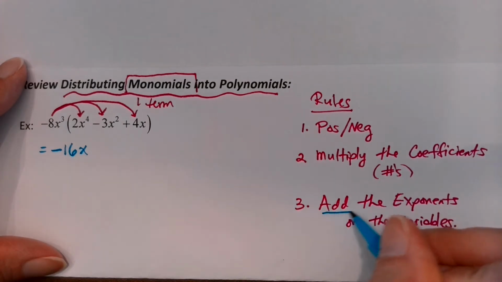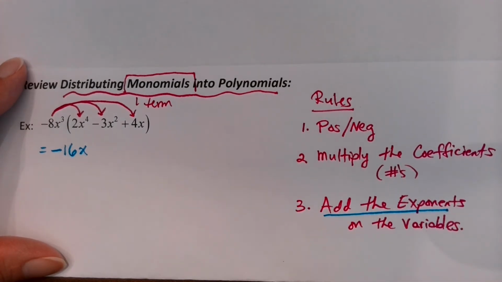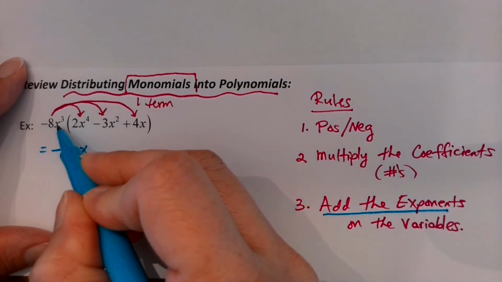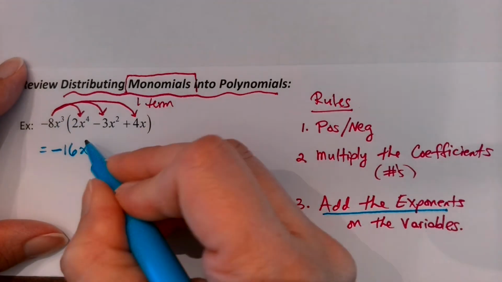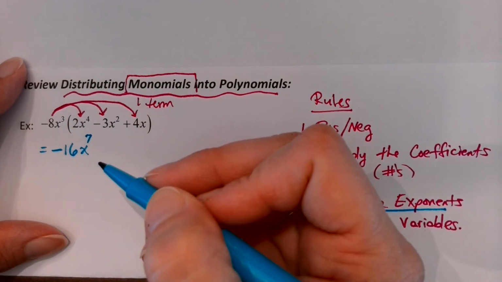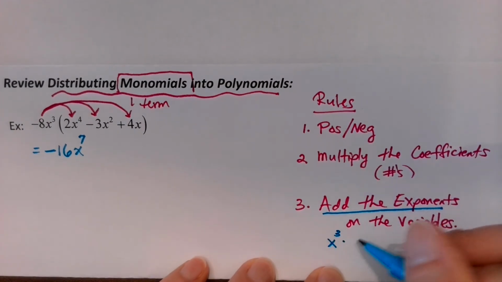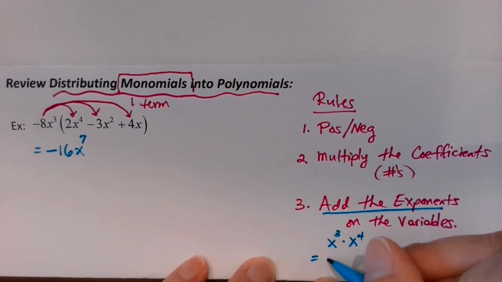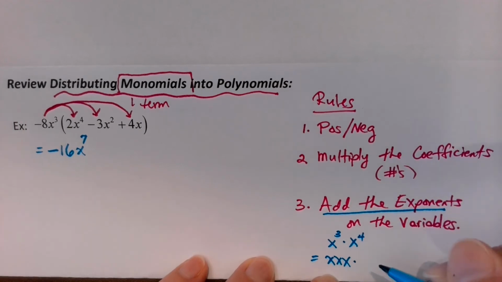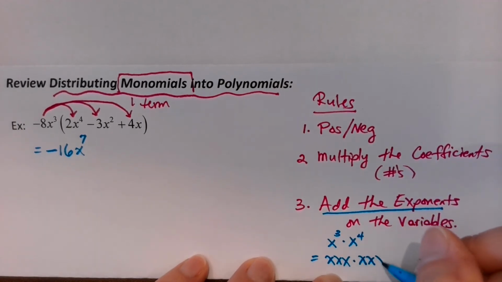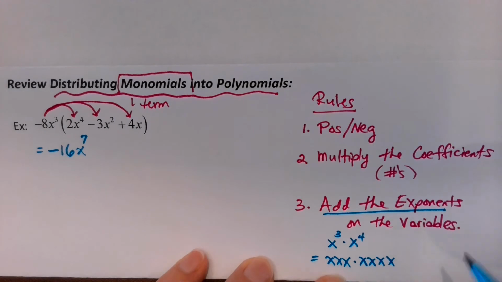You add the exponents, you add the powers. 3 plus 4, that should make 7. Let's see, does that work? X to the third times x to the fourth. That's 3 x's times 4 more x's. Is that indeed 7 x's? Yes. So you add the powers.